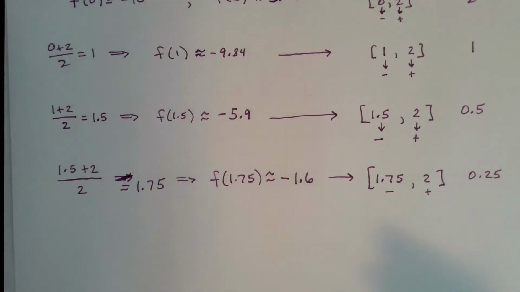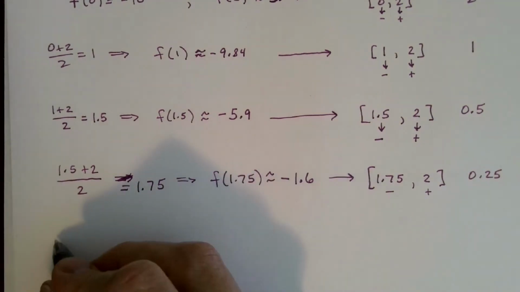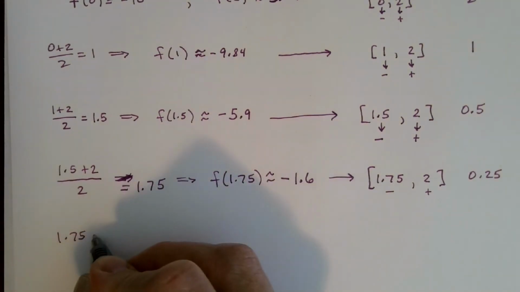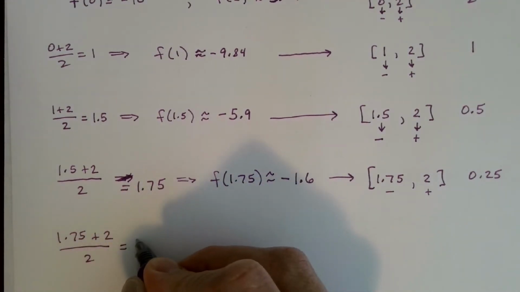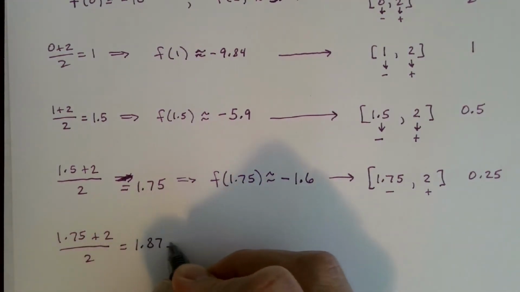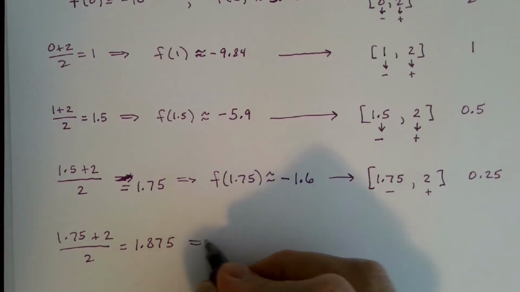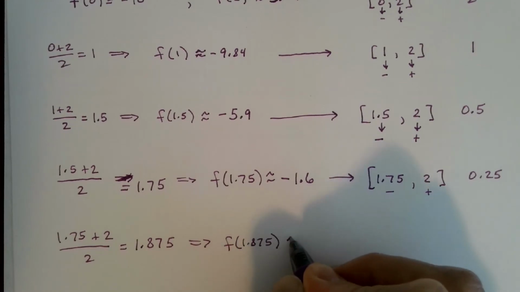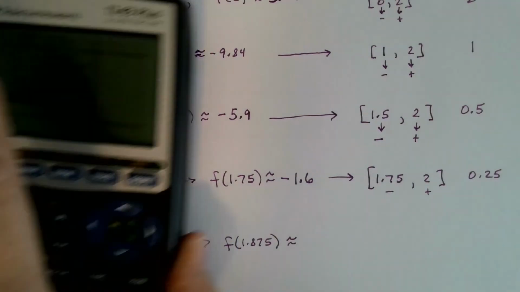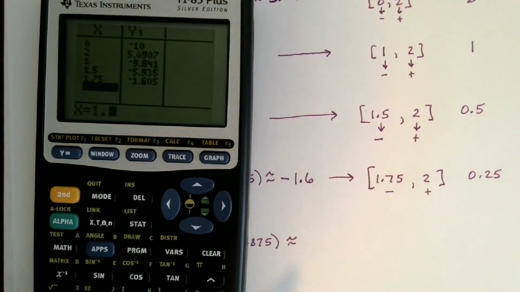Okay, and I'm going to do it one more time. So halfway between 1.75 and 2, we get 1.875. And f of 1.875 is about 1.4.